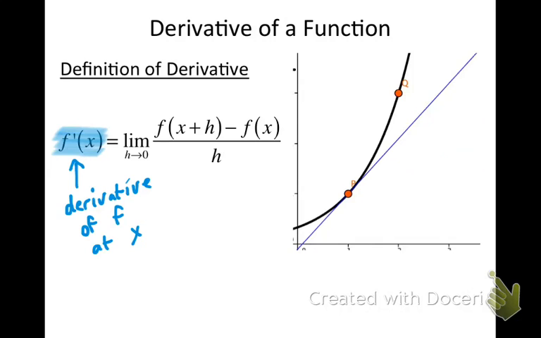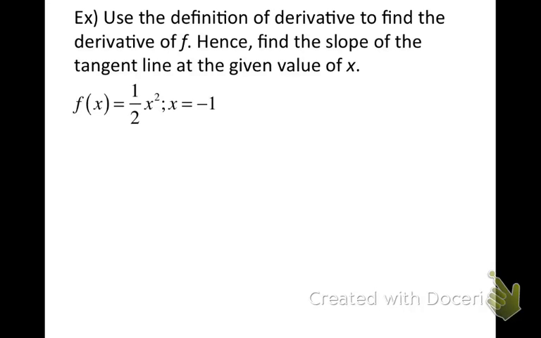So let's go forth with an example of how you find derivatives using this definition of a derivative, which was our second goal in this video. Here are the directions for the example. It's telling us to use the definition of derivative that we just learned in order to find the derivative of function f given here, and hence find the slope of the tangent line at the given value of x.